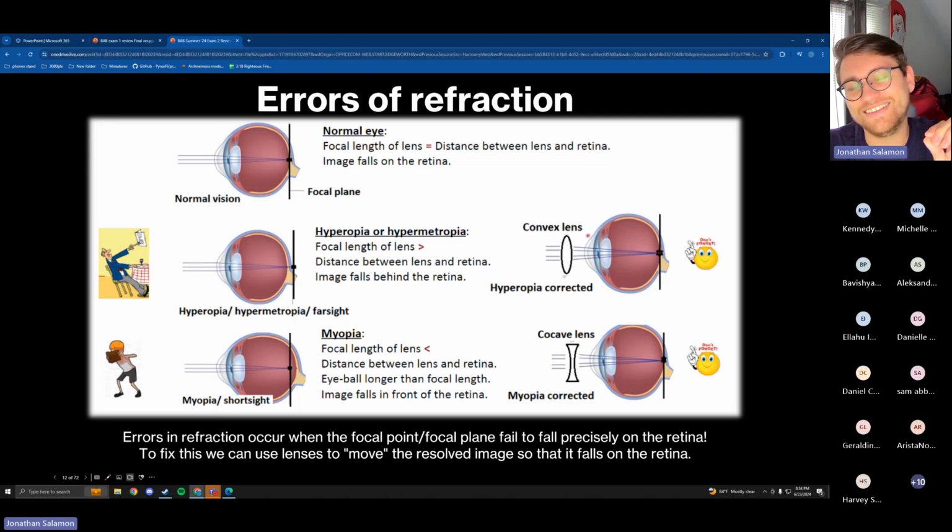This is going to sound so stupid, but I have seen questions before where they talk about this phenomenon. It's why sometimes your vision can get better as you get older. Here the focal point is in front of the retina, and as you get older and this gets more lax and straightens up, the image starts to pull back and falls back on the retina, so your prescription can actually improve.